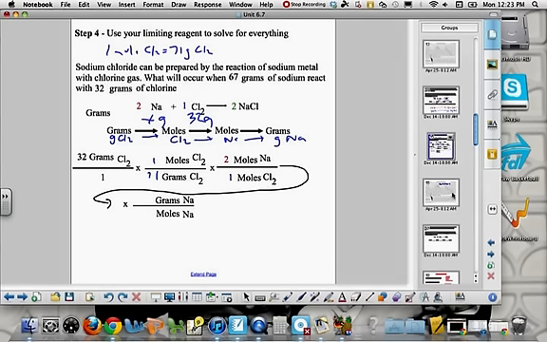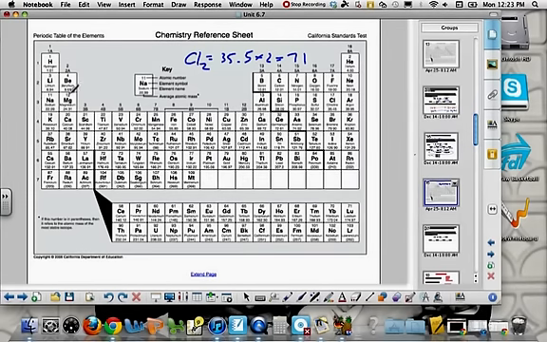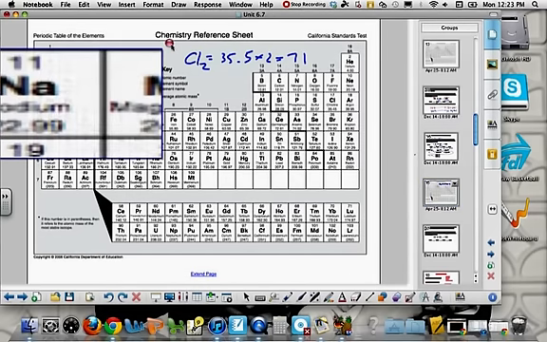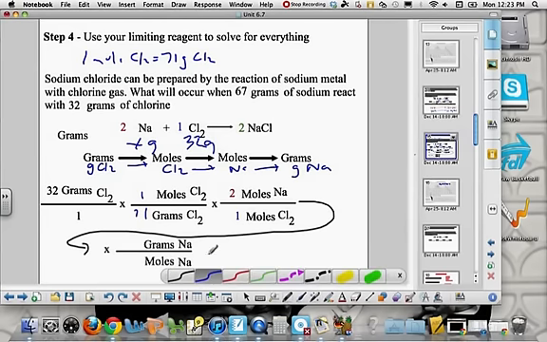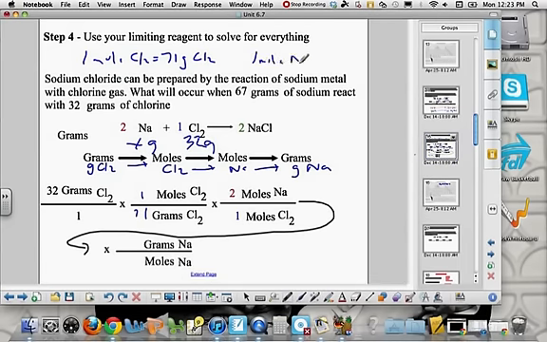Let's get this conversion from the periodic table. My mass of sodium is 22.99, so we will use the conversion that 1 mole of Na is equal to 23 grams. So 23 grams up on the top for every 1 mole.